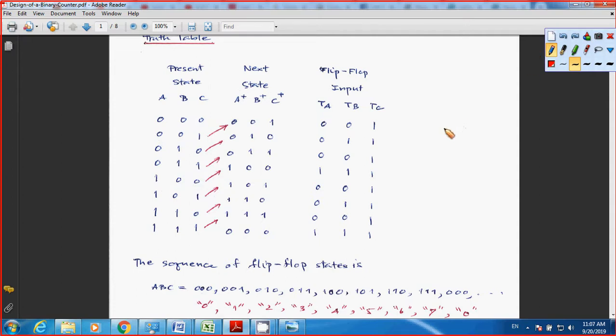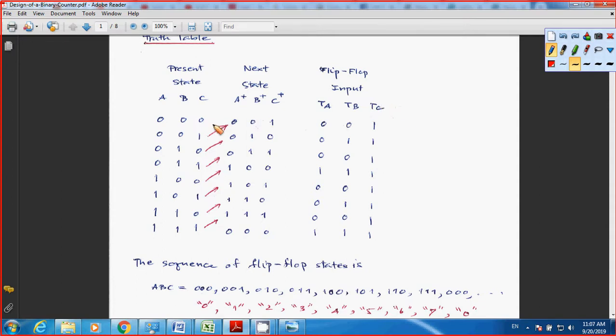Now for the flip-flop input, we have TA, TB, TC. In this case, we use the T flip-flop, the simplest one. To create the flip-flop input, you can take a look at the present state and the next state. Whenever the present state changes to the next state, this means your T flip-flop input has to be 1.